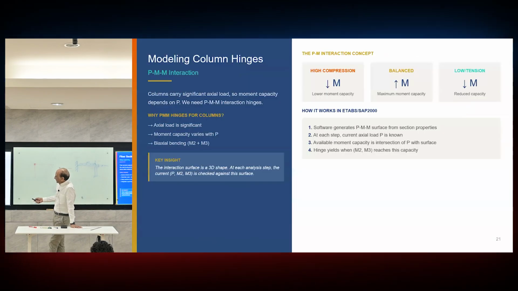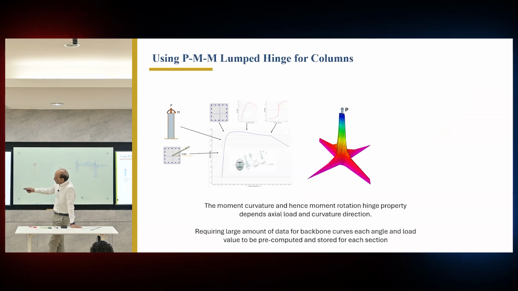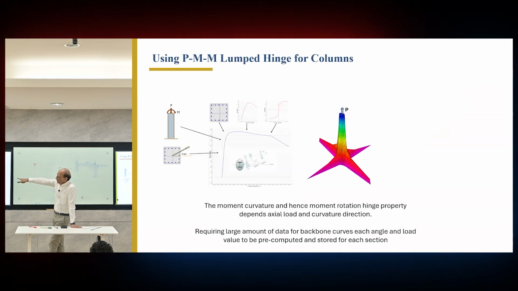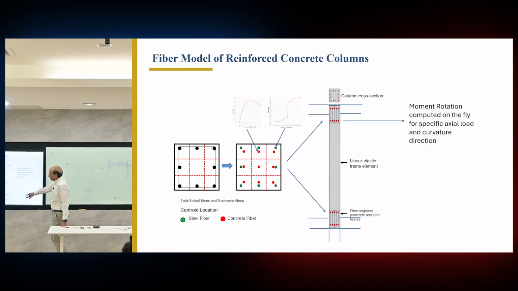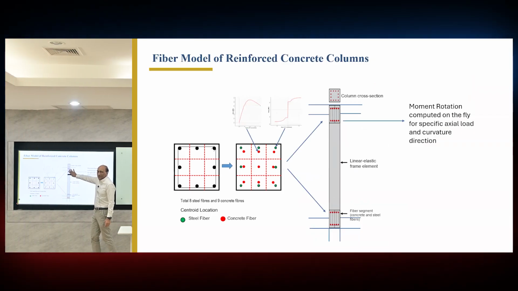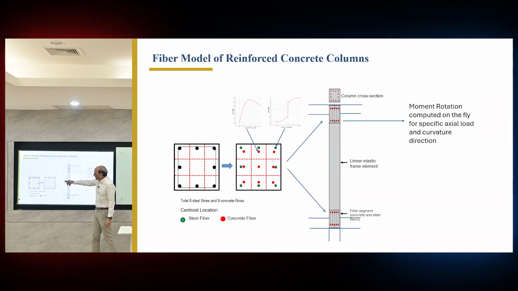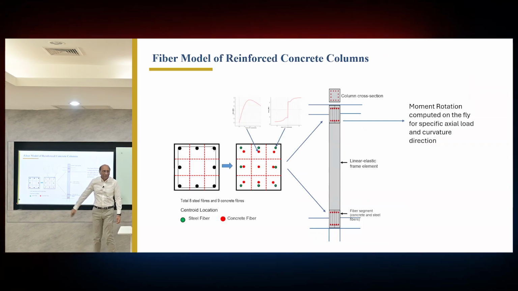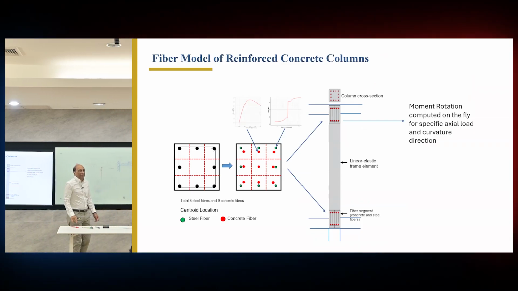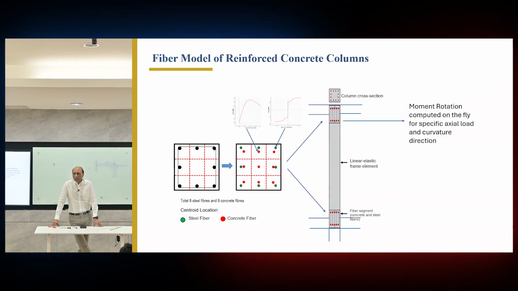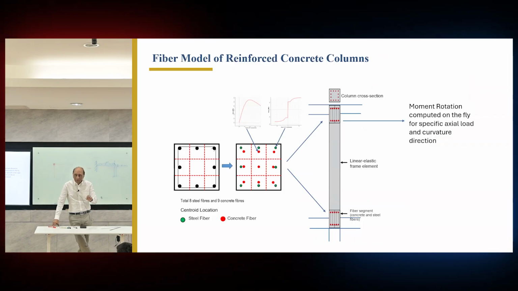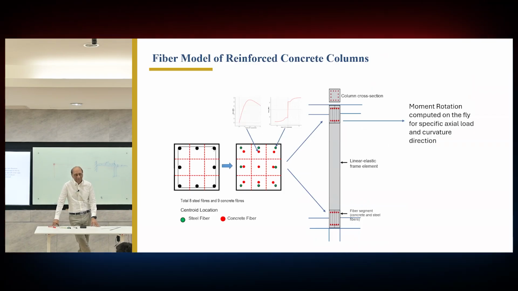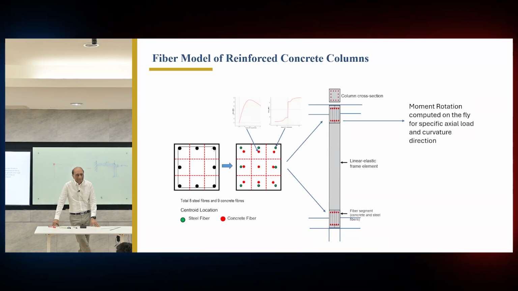So that's the reason, because we have all these interactions going on here. So it's much better to use the fiber hinge. You specify the actual section over there, and the program will generate the hinge properties at that location when it needs it, for the axial load and the moment direction. That's the difference.